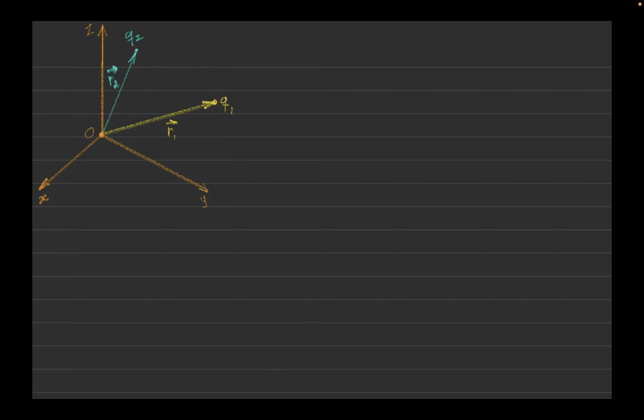Okay. But what about, for example, if I continue this line, is it possible to locate Q3 somewhere here on this line but outside the space between Q1 and Q2? The answer is no. Because in this case, Q1 will attract this, so there will be an attractive force in this direction.